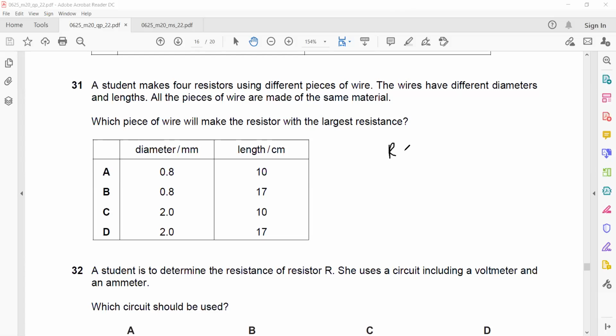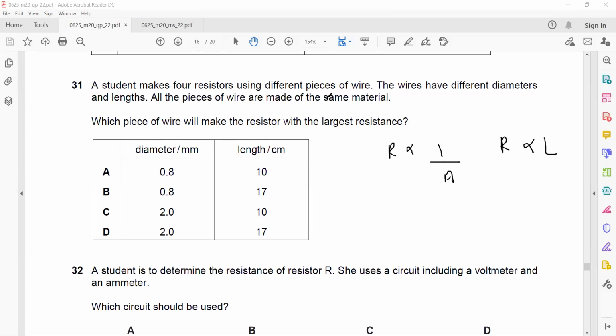Keep in mind, resistance is inversely proportional to area or diameter squared, and resistance is directly proportional to length. So if you increase the diameter, it means you will increase the area. If you decrease the diameter, you will decrease the area. So longer wires have more resistance and thinner wires have more resistance.